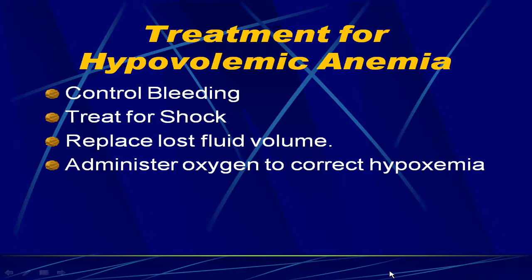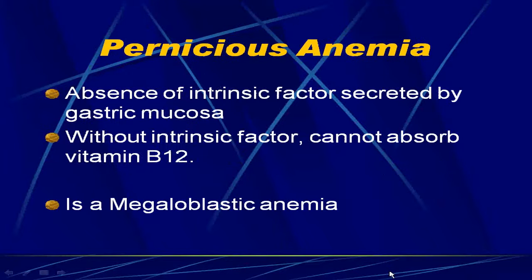We may also do a blood transfusion, and we want to administer oxygen to correct the hypoxemia. If you ever have a patient that is losing blood acutely and they're in your care, we want to go ahead and start oxygen immediately, because we know that if they're losing blood, they're also losing oxygen. So it's simple for us to insert a nasal cannula and give the person oxygen.